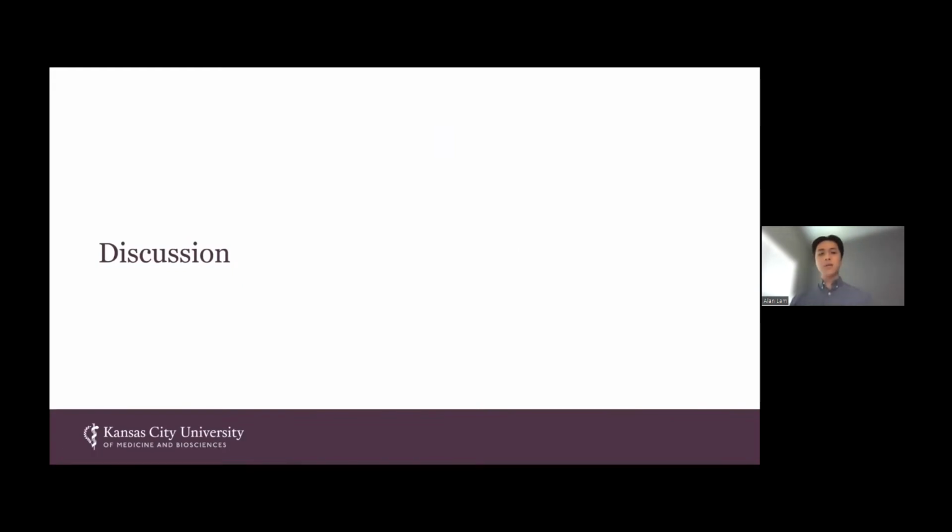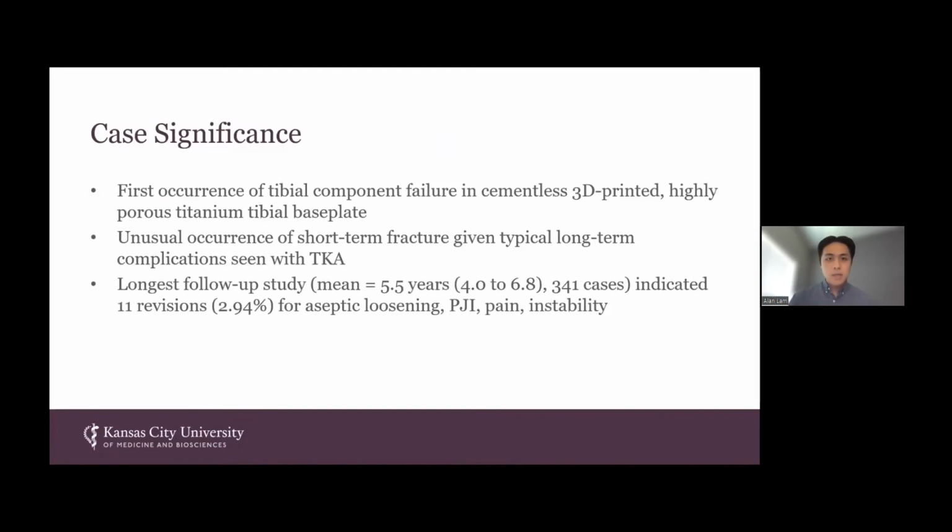Now that I've gone over some of the case presentations, I sort of wanted to deconstruct some of these findings, talk about what happened, what was the cause, what were some factors that contributed to this. And I wanted to start off with the case significance. With this specific type of implant design, we found the first occurrence of a tibial component failure, given its specificity of being cementless, being 3D printed, as well as having a highly porous undersurface while being composed of titanium.